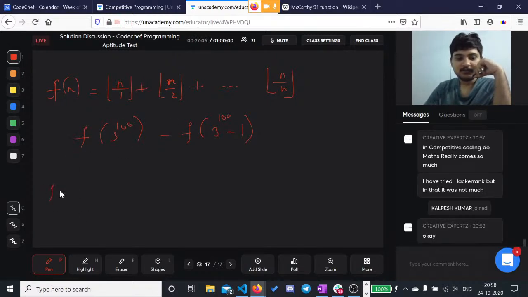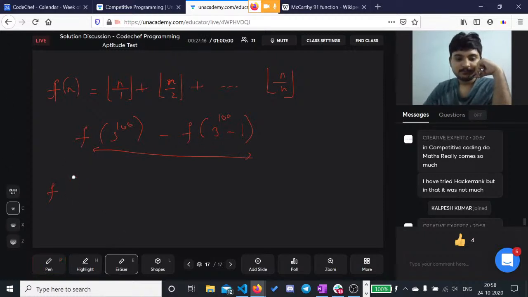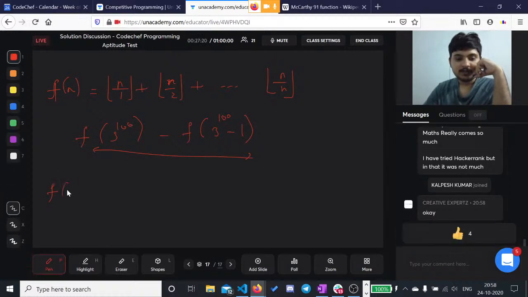So let me quickly get to this question. We are asked to find this difference. Let's see what f of n minus f of n minus 1 is.